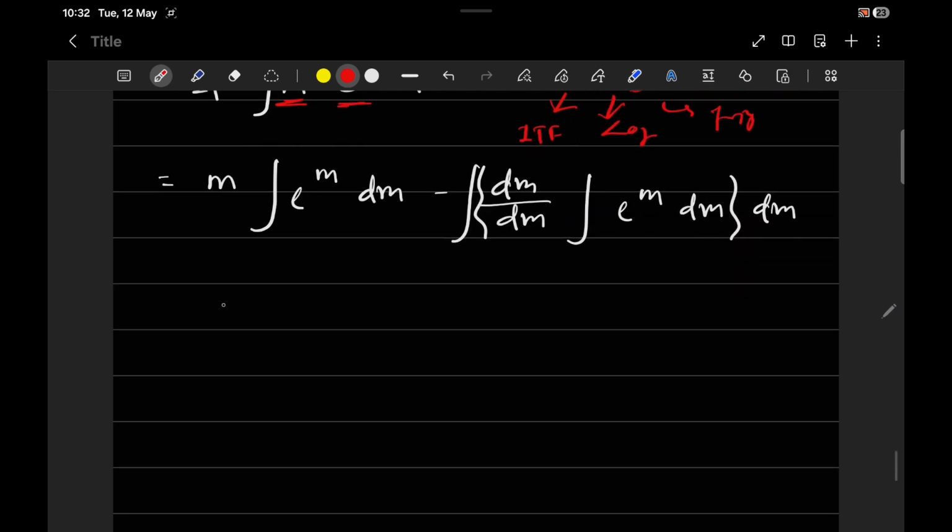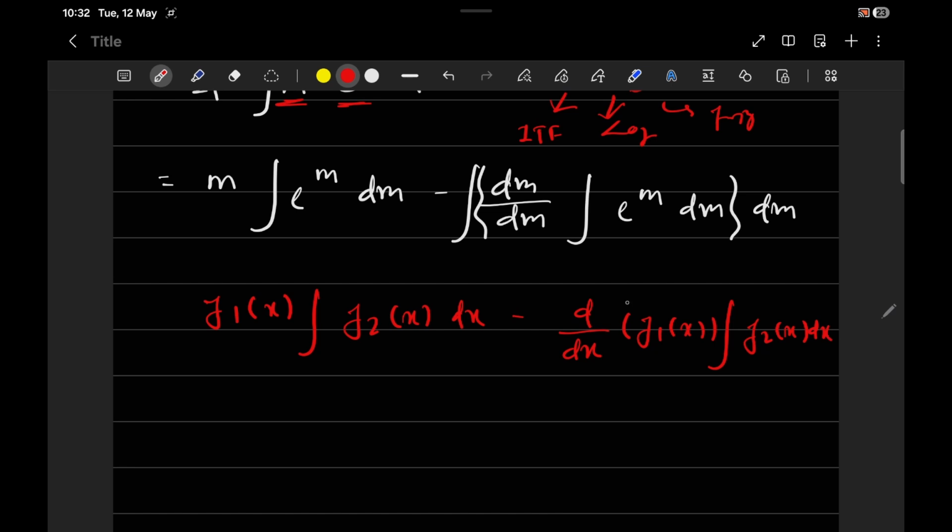So the formula is: the first function f1(x) times the integration of f2(x) dx, minus the integration of the derivative of f1(x) times the integration of f2(x) dx, with respect to x. This is the general formula I have used.